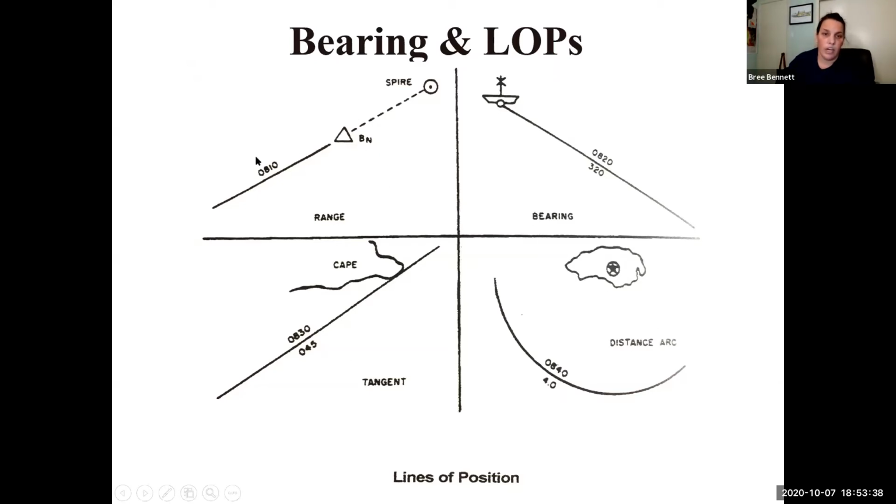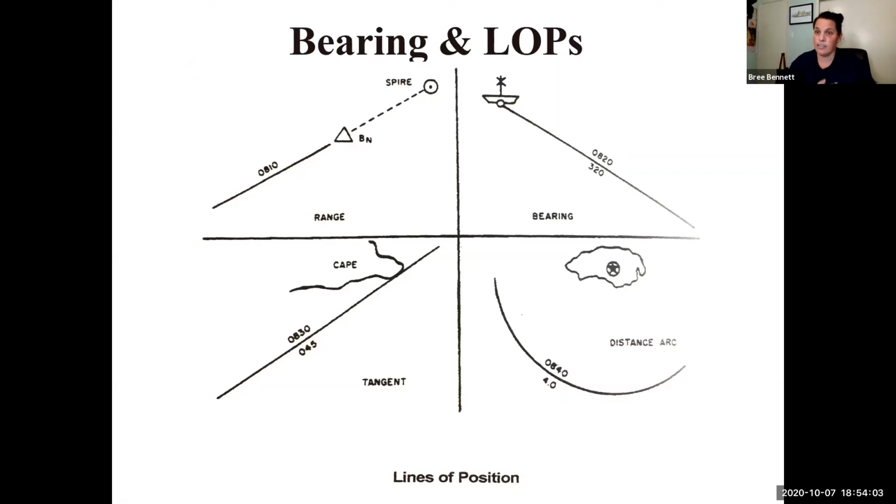Okay, we also have the range. If 2 things, a buoy, a spire, a point of land, anything is in line, you can just connect those 2 things and create a line of position. I like to say that the visual range is my favorite type of LOP because you don't need any instrument.